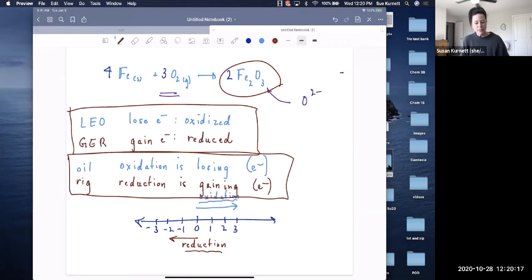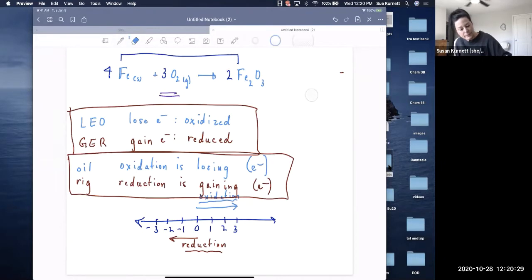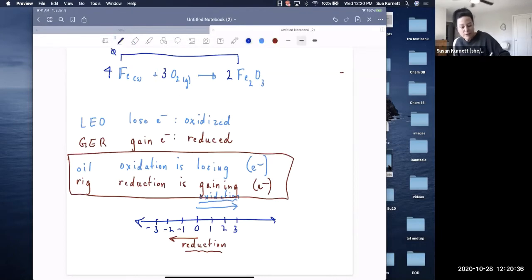Okay, so I'm going to go ahead and label this up here. So we would say iron has gone from 0, because I have iron as an element, to +3, because that's the charge that it has in that compound, iron 3 oxide.